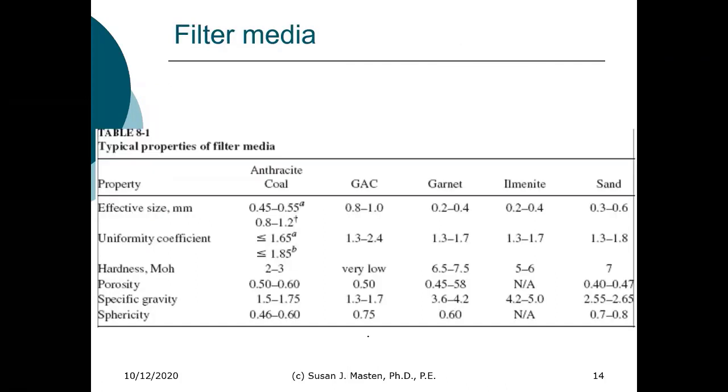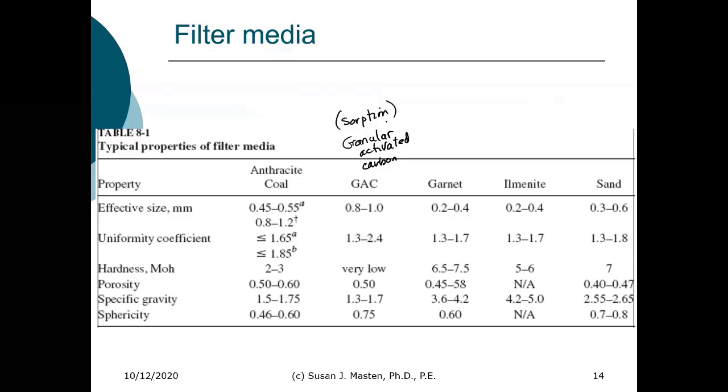This table gives you a sense of the physical properties of the filter media, and it's broken down by the different types of material. So we have anthracite coal, we have GAC, which is granular activated carbon. As I mentioned, this is a sorption process.